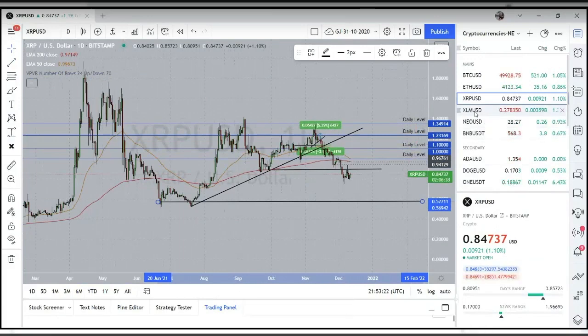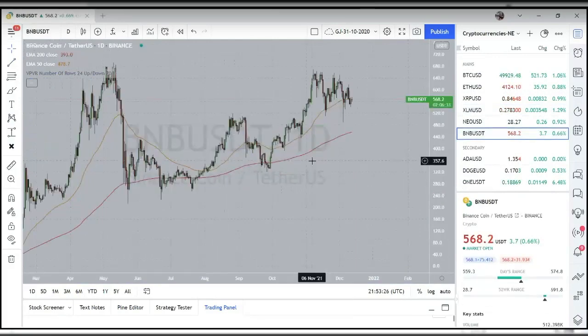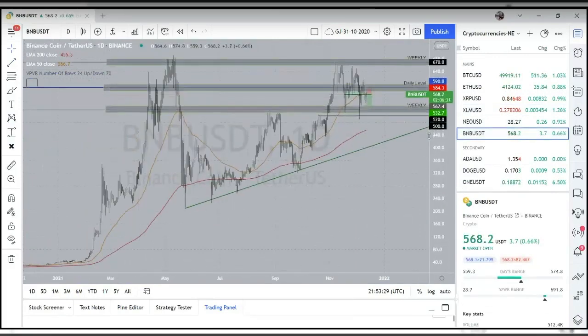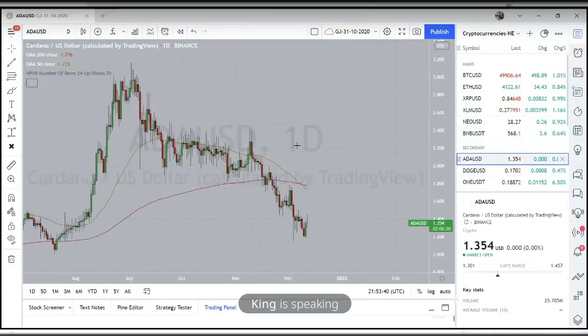The BNB, I expect a similar thing is playing out here. Yeah, I would expect all of the top 5 or 6 to be in similar predicaments. I would say Cardano is most probably the worst looking.